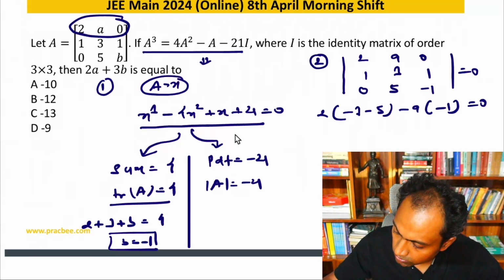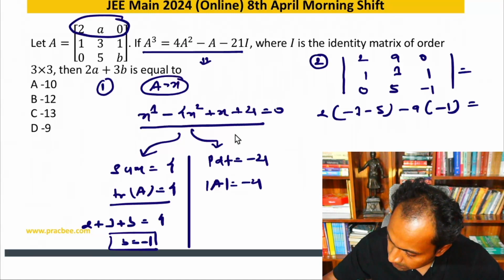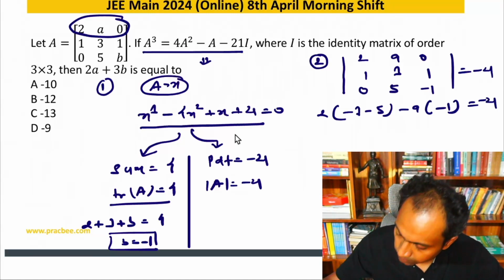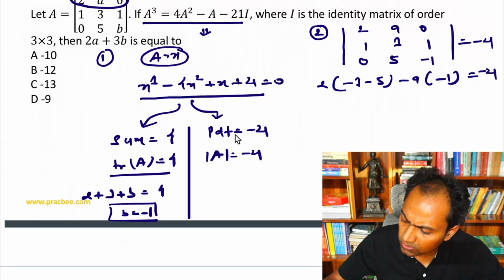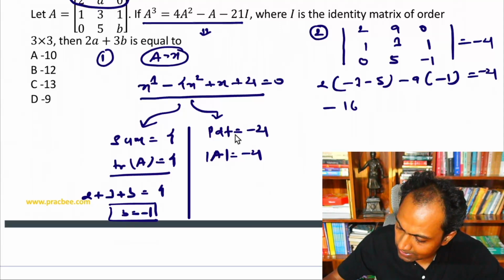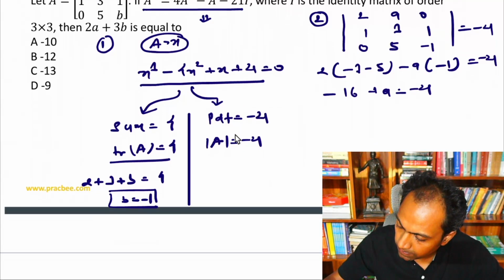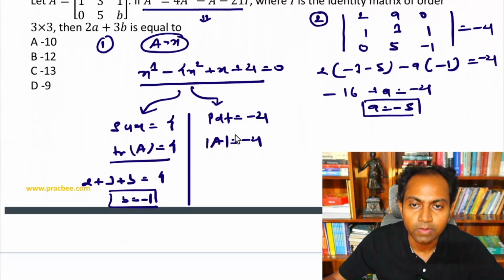This is equal to nothing but minus 21. If I simplify this value, you can see that this will become minus 16 plus a is equal to minus 21. A comes out to be minus 5. This is what we have.